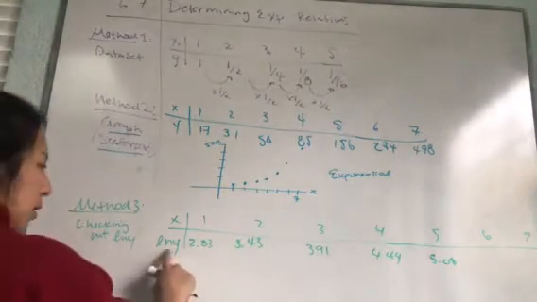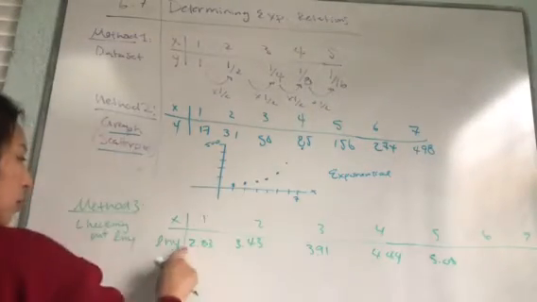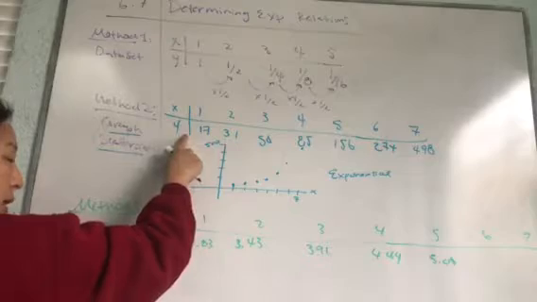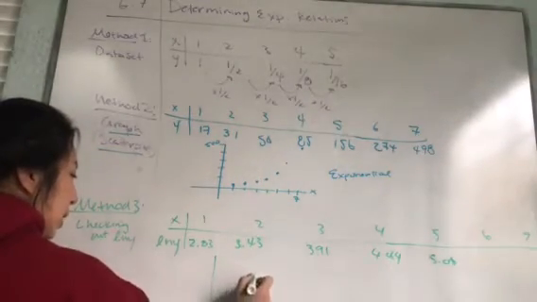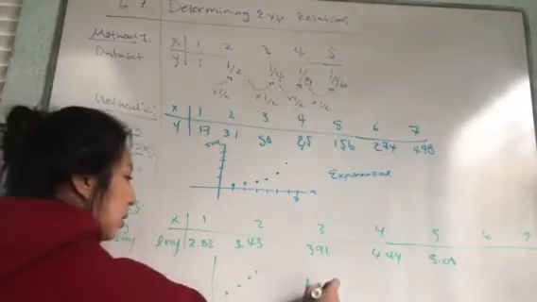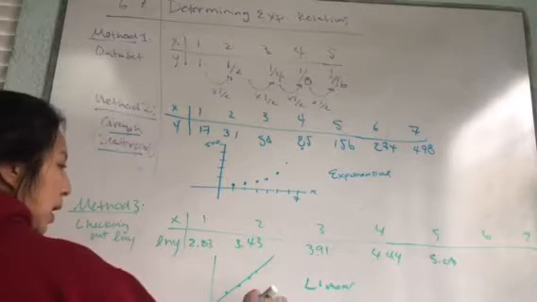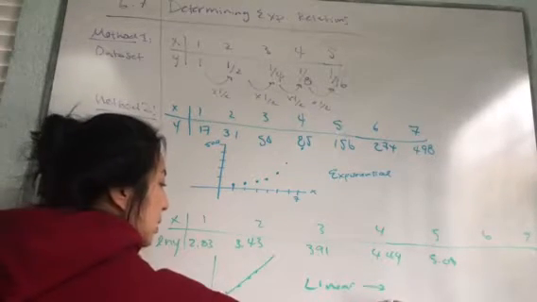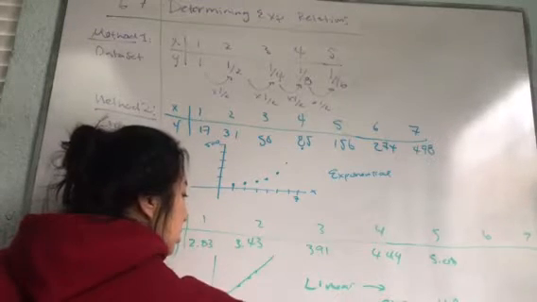And what happens is you get all these ln values after you've applied the natural log to all of the y coordinates in your original data set. If you were to graph it, and you end up with a linear relationship, then you have an exponential original data set.